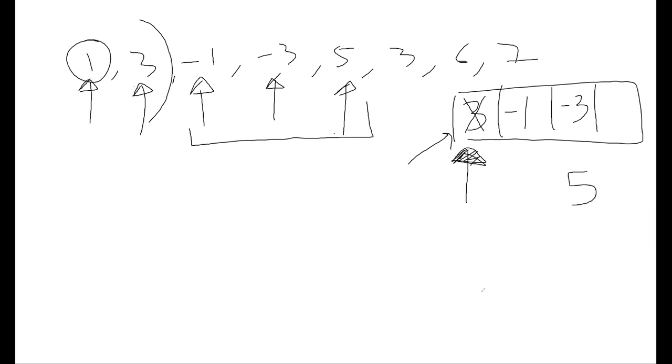Now, if you see 5, it is greater than any of the elements that are already in, right? And anytime we get an element which is greater and there are smaller elements before it, they will never become the maximum again. So what I'll do is I'll remove this one, I'll remove this one, and I'll put 5 in there.